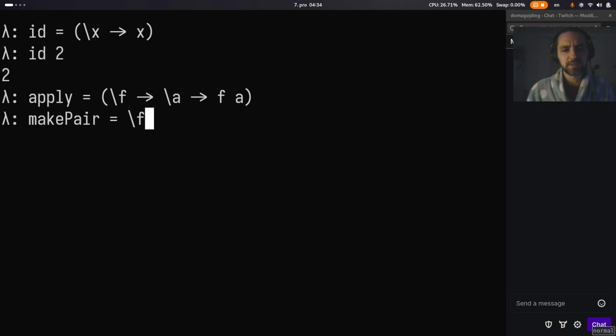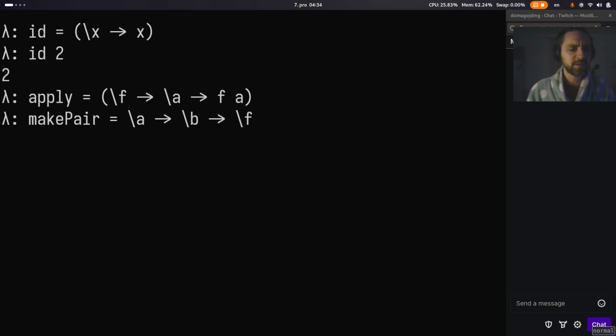Well, I guess you could write it like this also. Make pair is a function that takes a thing and takes a second thing, right? And then creates a function, or it takes a function, you could say. I'm not sure what would be the right word.